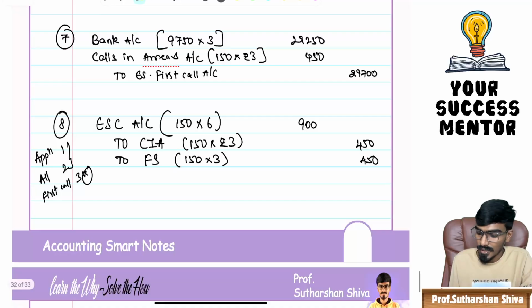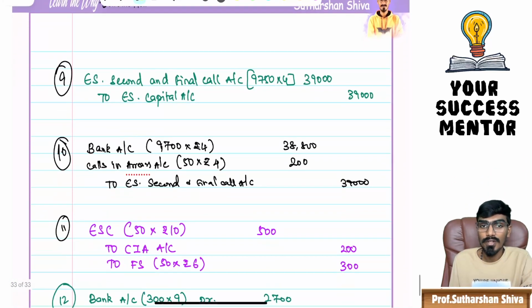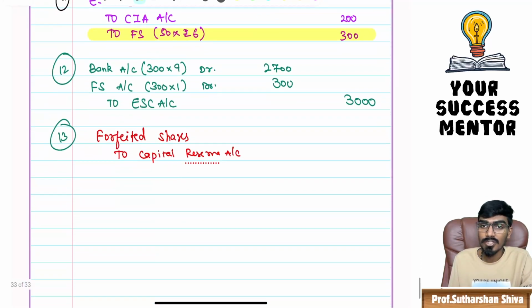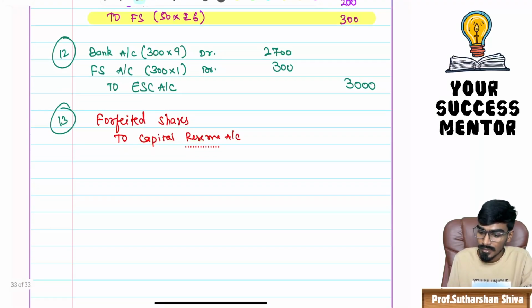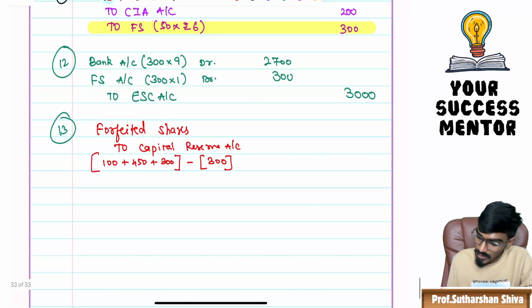Second forfeiture is happening at the time I'm enjoying profit of 450. So total 550. The second time, how much am I enjoying? 300, sir. So it is going to be 100 plus 450 plus 300 minus how much is the loss I sacrificed, 300, which eventually brings 550.